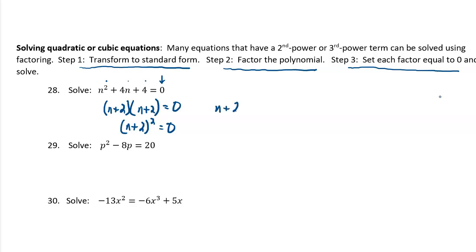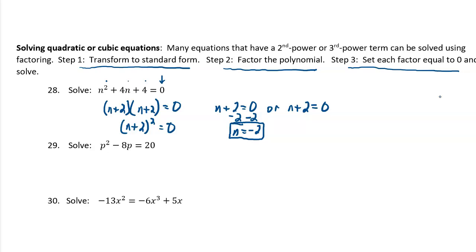So n plus 2 is equal to 0, or n plus 2 is equal to 0. Again, recognize they're just the same thing. So when you solve one of them, you've already figured out the answer. If you solve the other one, you're just going to get n equals negative 2 again, and you've already discovered that n equals negative 2. Here is the solution to the equation.